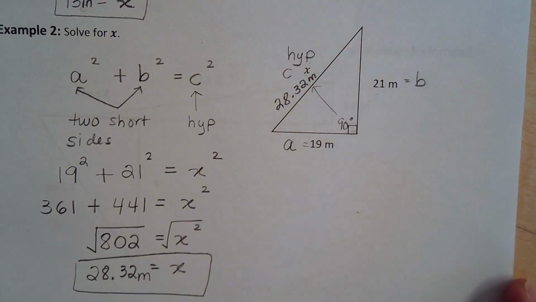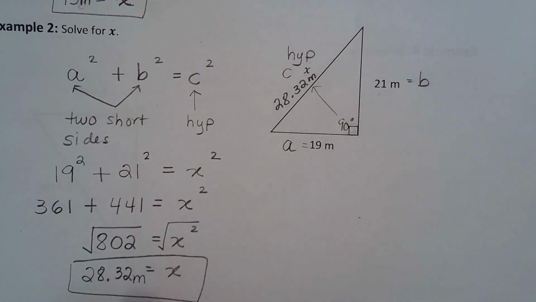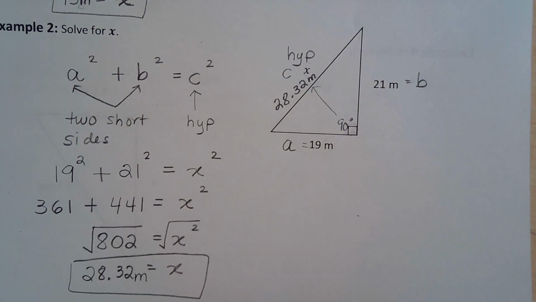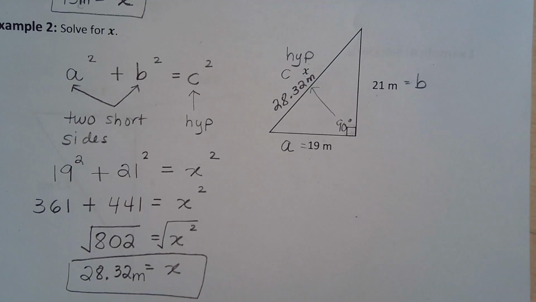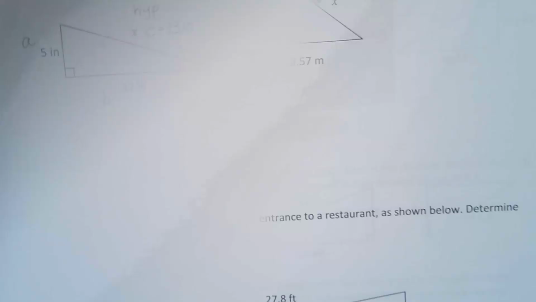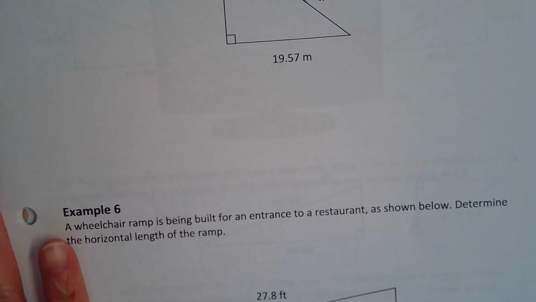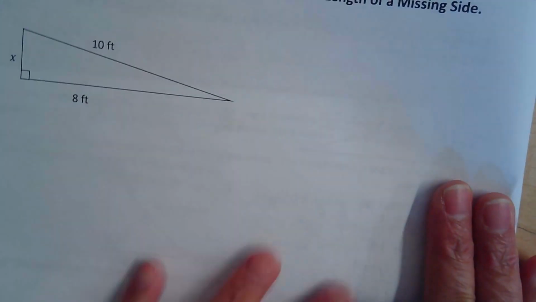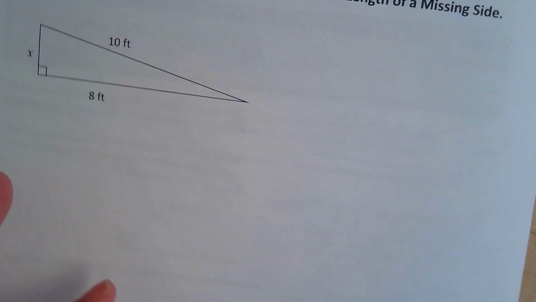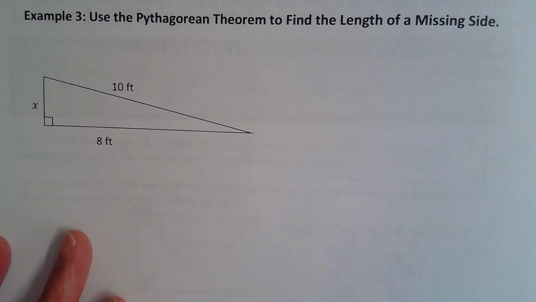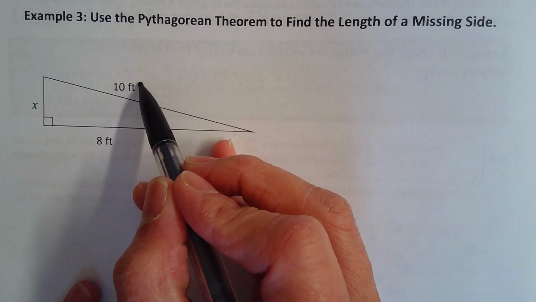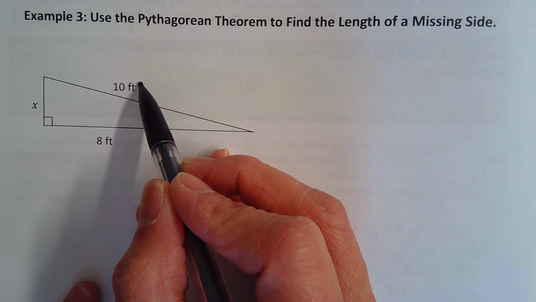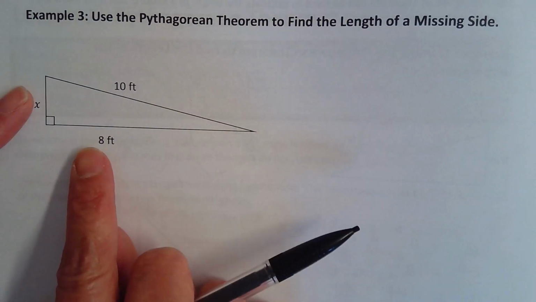Tomorrow, what we'll do is we'll continue on. I'll let you finish writing that. Now I'll show you the next topic tomorrow, a continuation. When you look at this part here, we're going to get into a situation where we have the hypotenuse but we're missing one of the shorter sides.